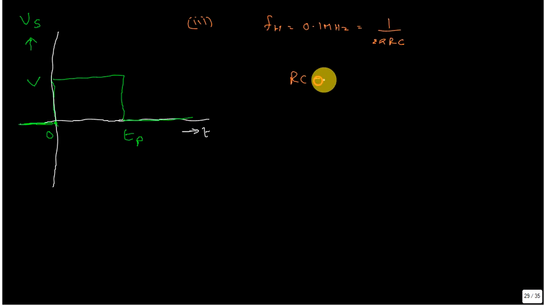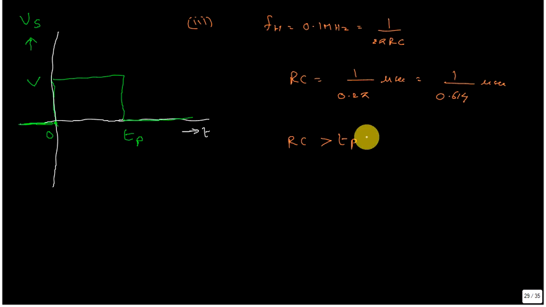From this, RC can be calculated as 1 by 0.1 into 2 pi, that is 0.2 pi microseconds. This will be equal to 0.2 into 3.14, so it becomes 0.628 microseconds. So this RC is now smaller than Tp, which is equal to 1 microsecond as given.